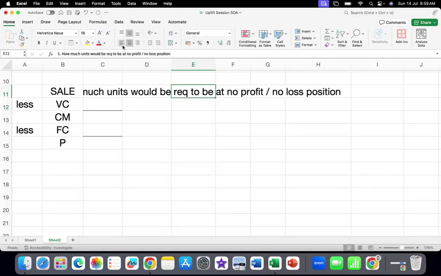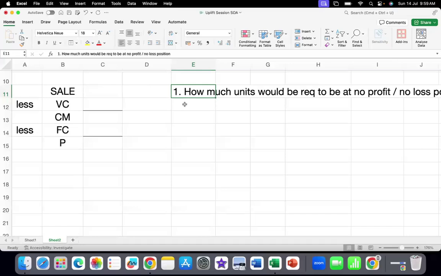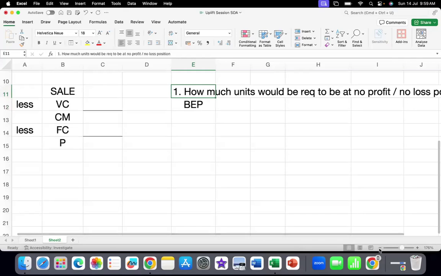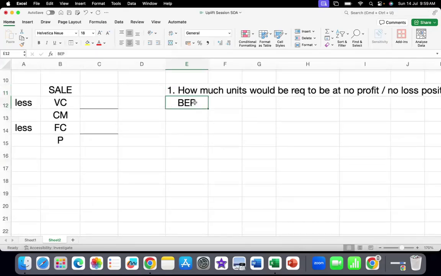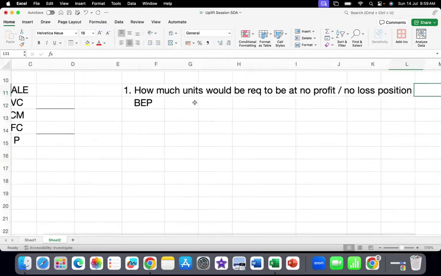That is the first question. That means the company is asking what your break even point is. That is called a break even point. How many units would be required to be at a no profit, no loss position?